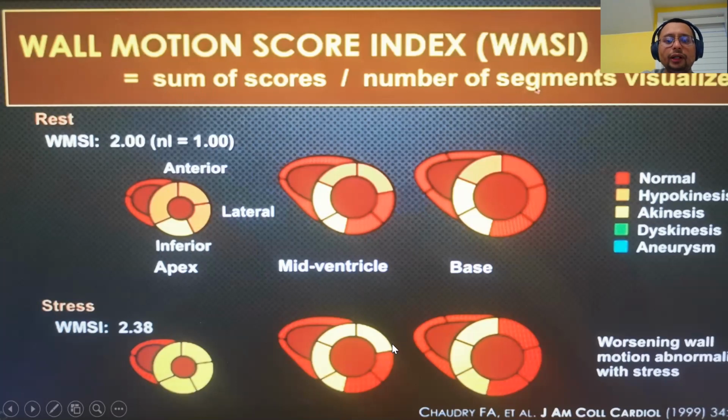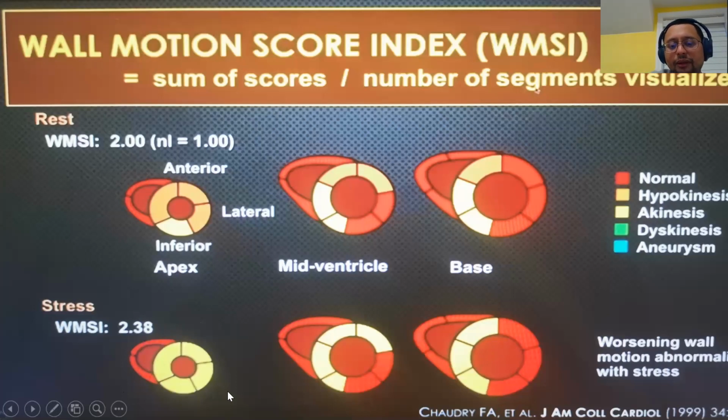However, if you have worsening, for example, at rest a certain segment is 1, and at stress that segment is 2 or 3, then if you divide the average score at stress by the score at rest, you will have something that is more than 1. Like this example given here, when they start, the wall motion score index is 2, so there is a combination of hypokinesia and akinesia.